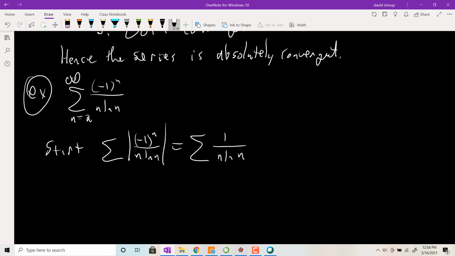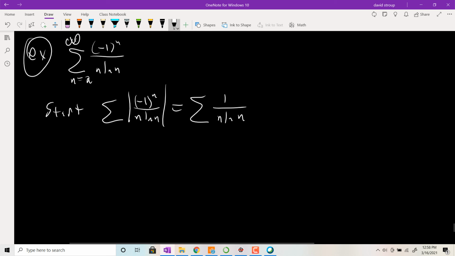This looks like we do an integral test on it. So note the integral test. I'll just assume it's decreasing, positive, and continuous. It's obviously positive and continuous. To show it's decreasing, you just take the derivative and show it's less than 0.